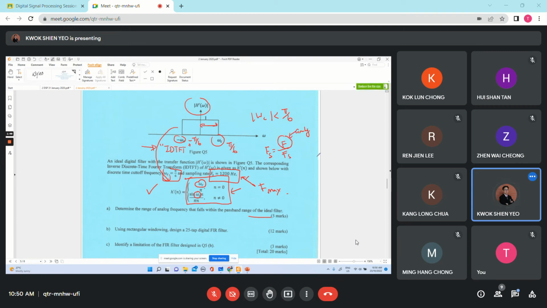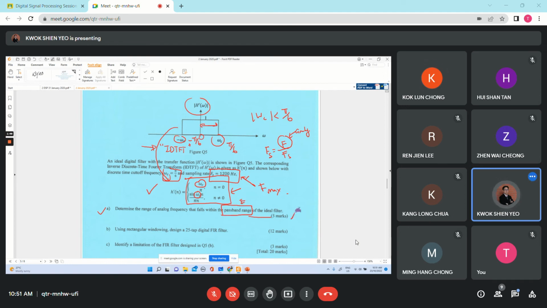So what is the range, from 0 up to the F max? From here you should be able to answer this question. I roughly gave you some hints here. There is a certain range of analog frequency that you can write for this question.